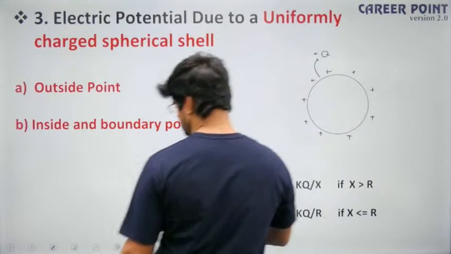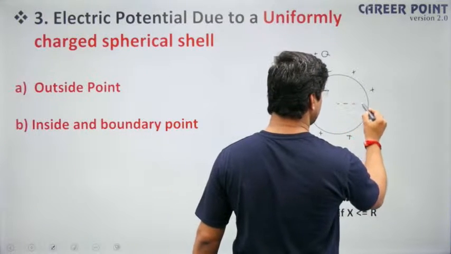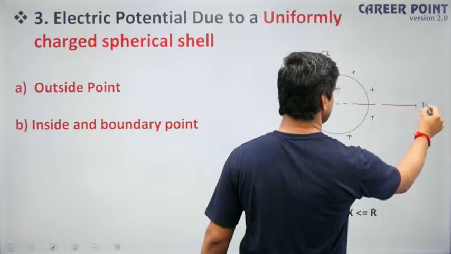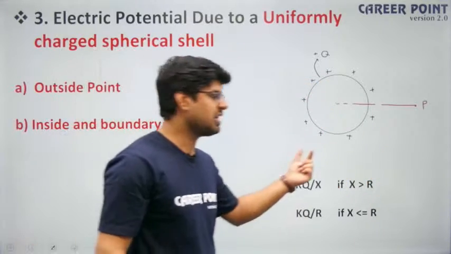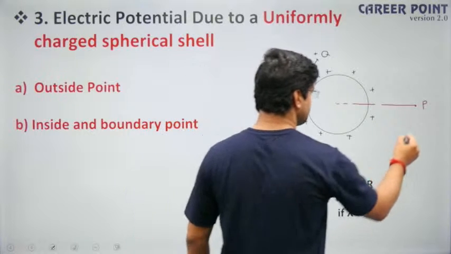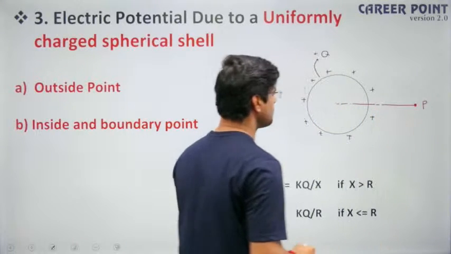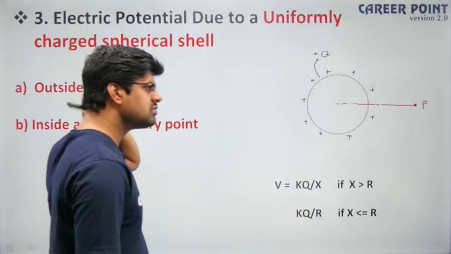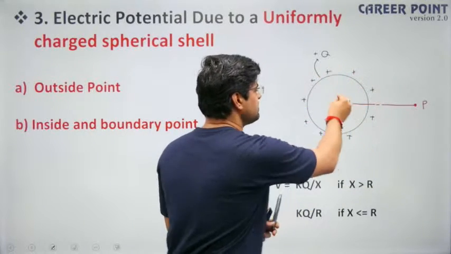Suppose I am taking a point P outside of this spherical shell. What am I supposed to write? I am supposed to write directly that the whole charge is assumed to be concentrated at the center.